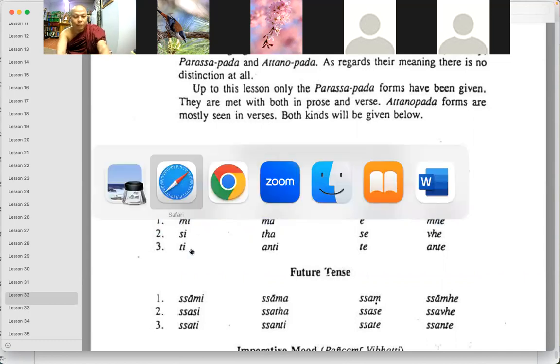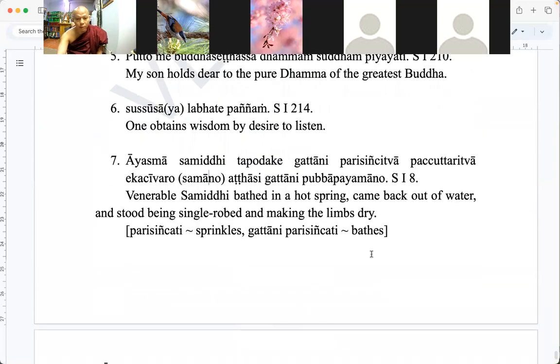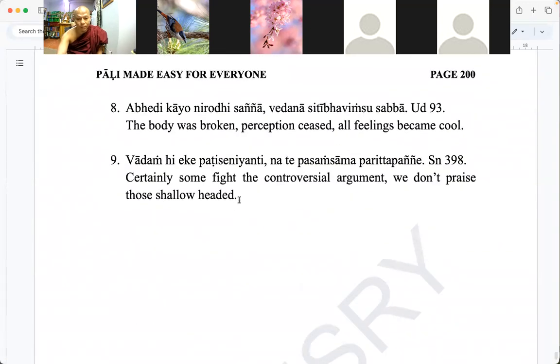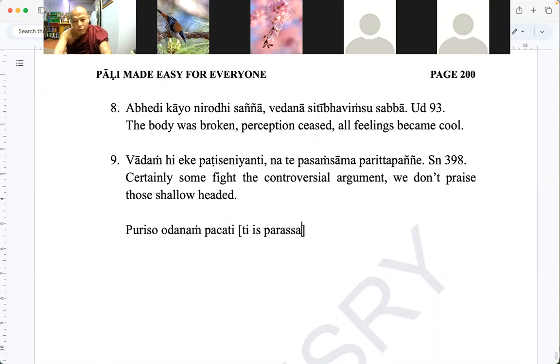To understand that point, Buriso odanam bajeti. In this example, the ending is parasabada, so that means he cooked rice not for himself but for others.